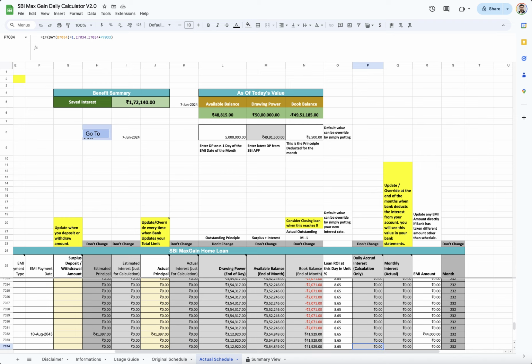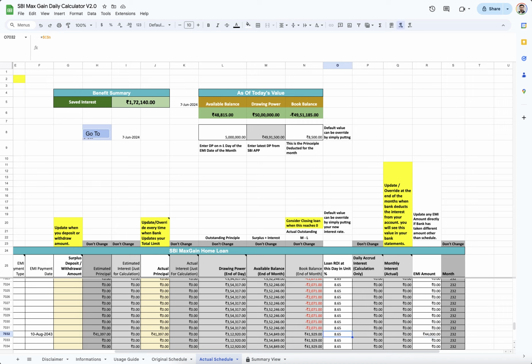Now, EMI will still continue to get deducted, but what will happen? This 44,000 will be deducted by ICS from your bank account. That amount will come to your OD account.